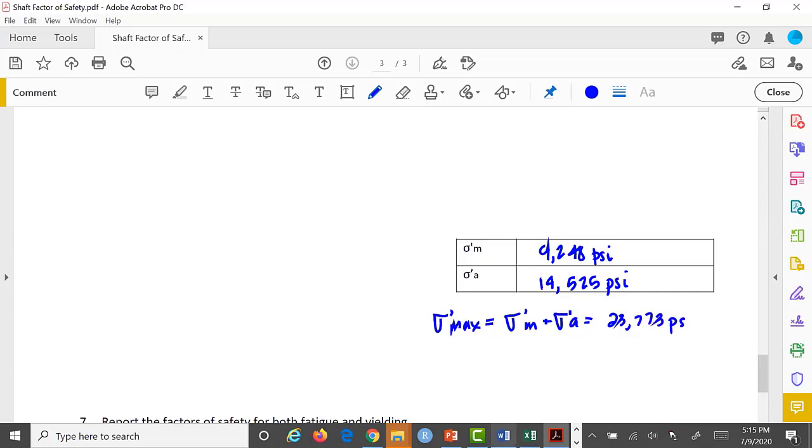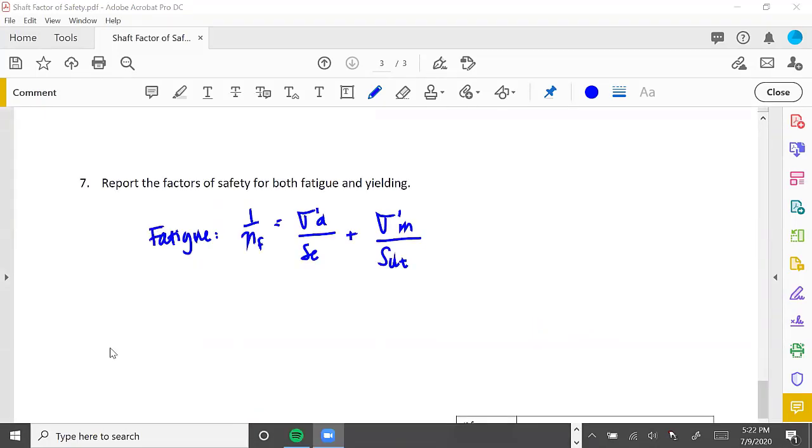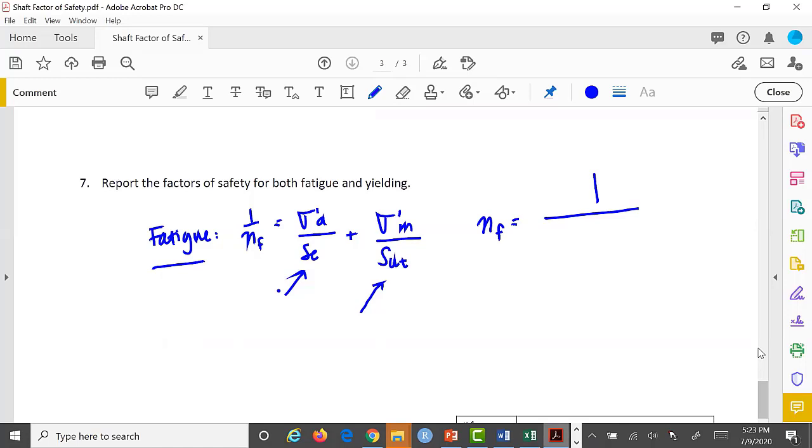And that was 23,773 psi. So from chapter 6, if we want to report factors of safety for fatigue first, we're using modified Goodman. 1 over the fatigue factor of safety equals sigma prime A over SE plus sigma prime M over SUT. And so just make sure in your analysis tool that you are putting this whole expression in the denominator.